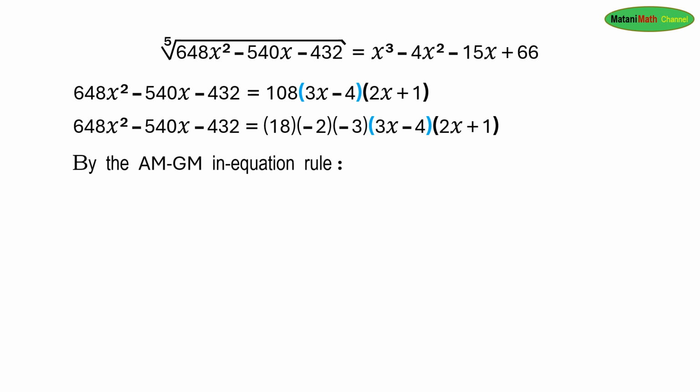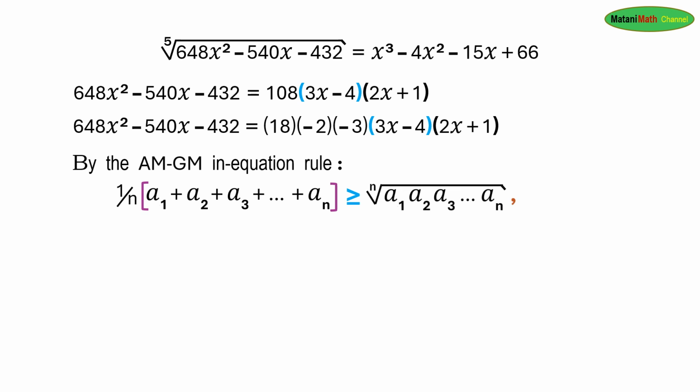By the AM-GM inequality rule, 1 by n times a1 plus a2 plus a3 and so on plus an greater than or equal to the n-th root of a1 times a2 times a3 times and so on times an.